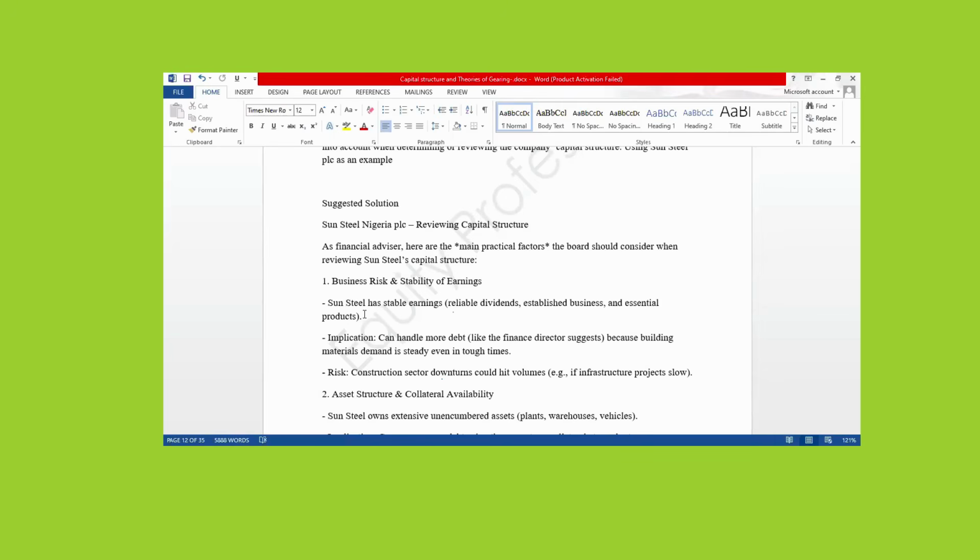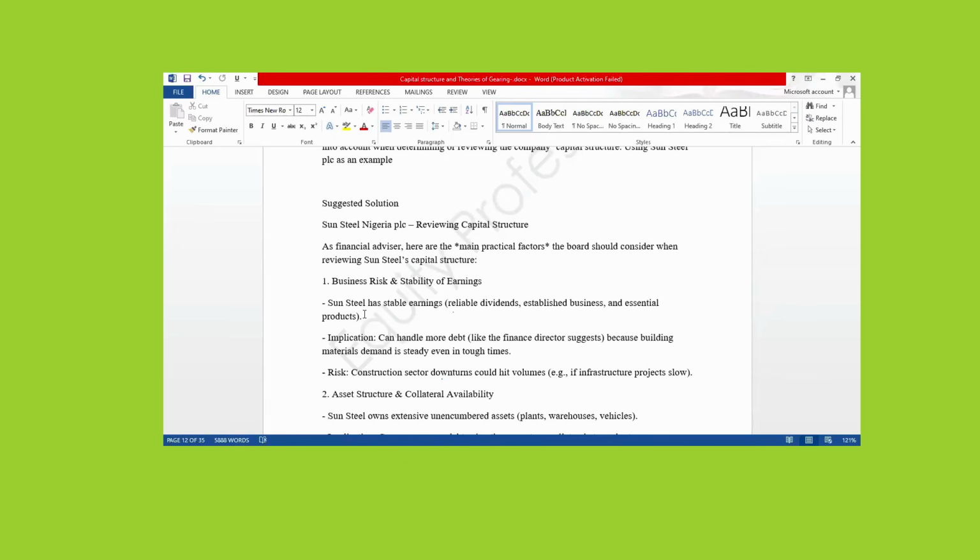By implication, the company can take on more debt. The company can borrow more debt, as suggested by the finance director, because building materials demand is steady, even in rough times.